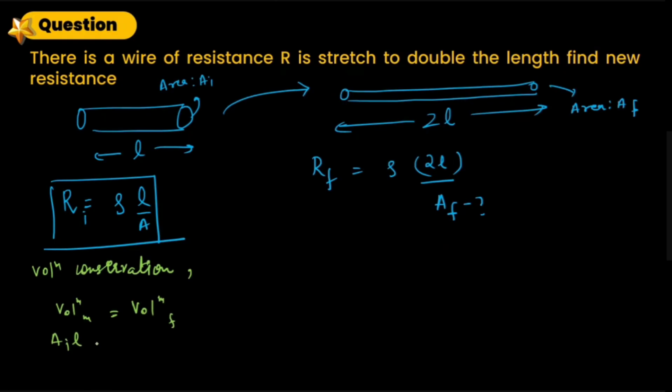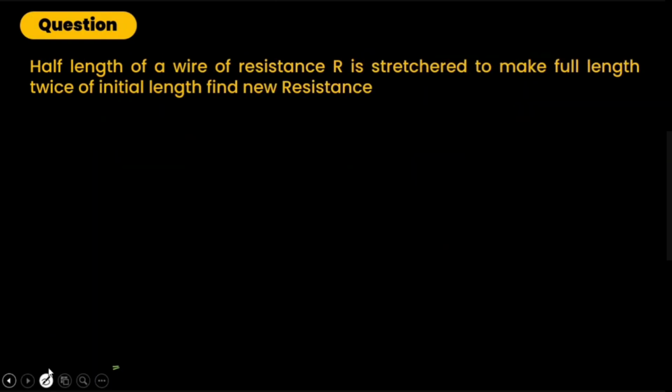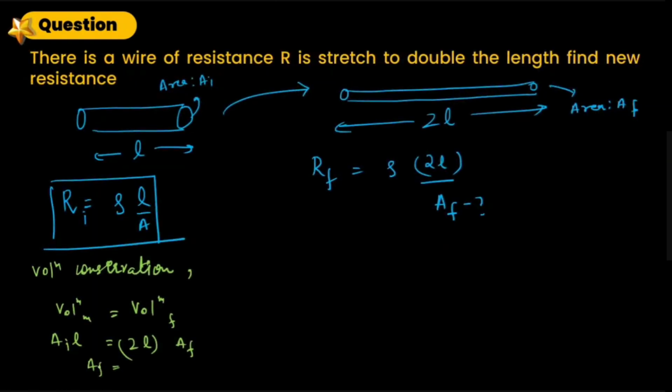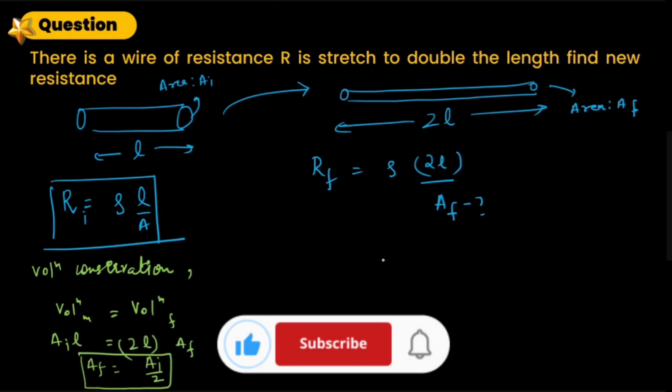So initially it was AL, final will become twice of L times A final. So A final would come out as A initial by 2. So you can simply substitute the value here.